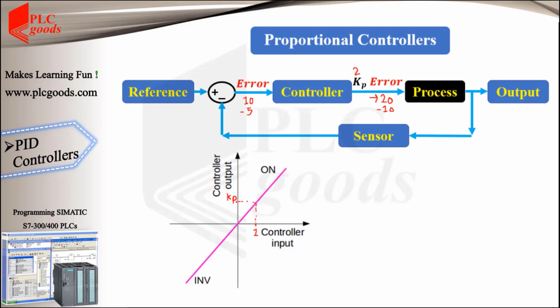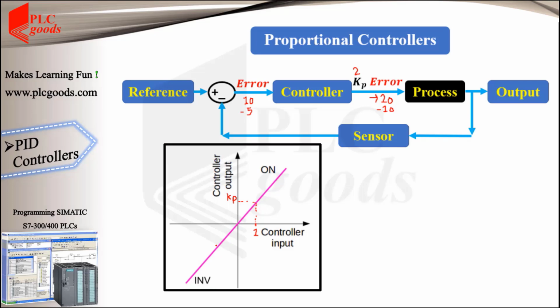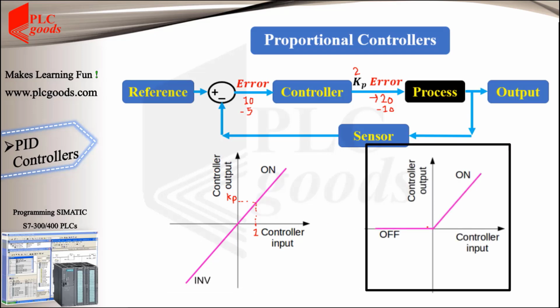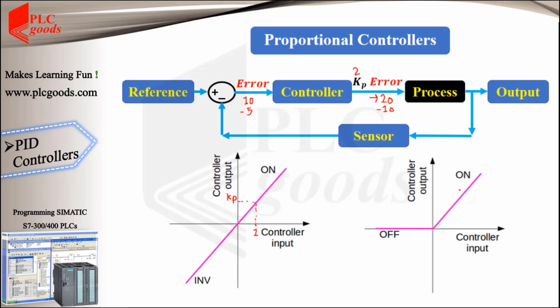As I mentioned earlier, in some cases we are not allowed to apply negative voltages to an electrical device. In those cases, we need to remove the negative voltages like the right diagram. In the water tank system and for the inlet valve, we also need to limit the controller's output to a maximum of 10 volts, since voltages greater than 10 volts cannot be applied to the inlet valve.